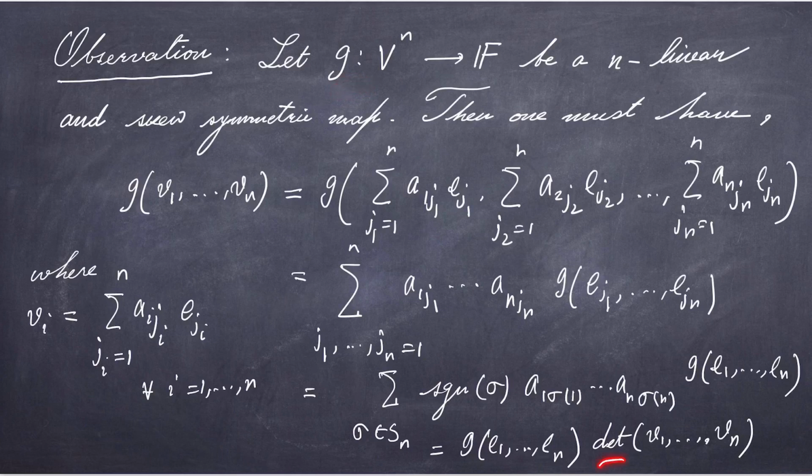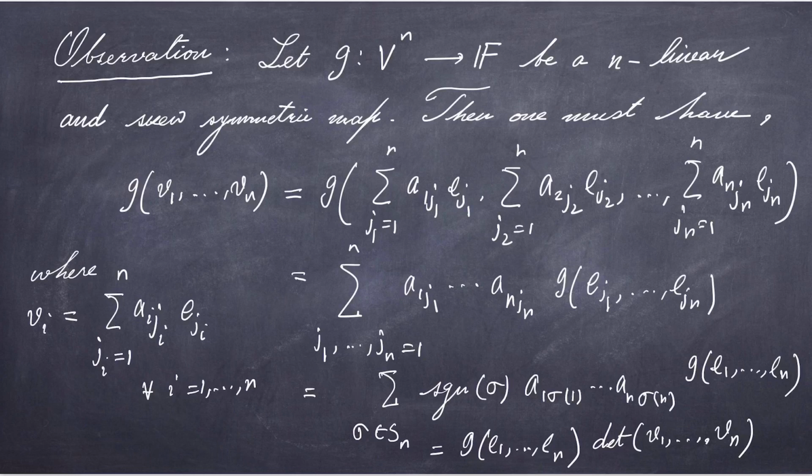Therefore, the value of any n-linear and skew-symmetric function is nothing but a scalar multiple of the determinant. Any n-linear skew-symmetric map is necessarily a scalar multiple of the determinant map, and the converse is trivial. So we have all the n-linear skew-symmetric maps.